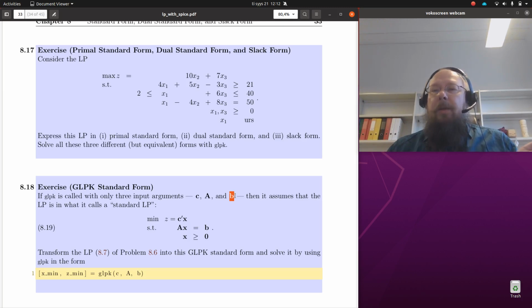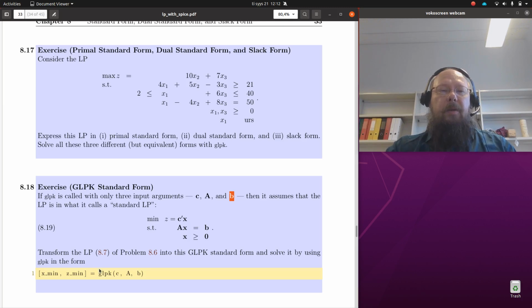Now you can actually call GLPK with only these 3 parameters, C, A, and B, and not give anything else. And then GLPK will assume that the rest of the parameters to be such that it's actually what it calls a standard form. But unfortunately for us, the GLPK standard form is the following, 8.19.